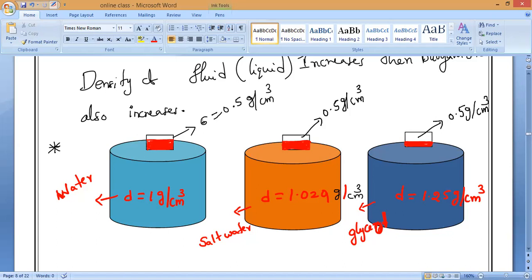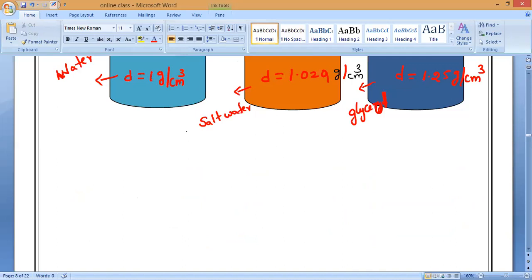Let us see. Can you find the difference between these two densities? The difference between this object's density and the liquid density? All of you, hurry. Difference in densities, case 1. All of you tell me.